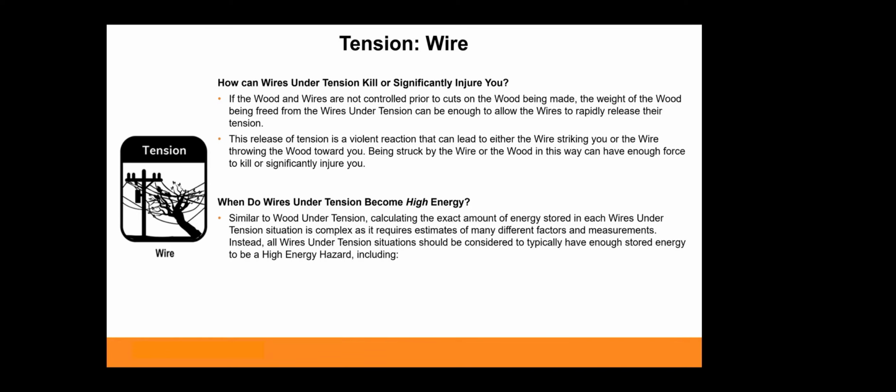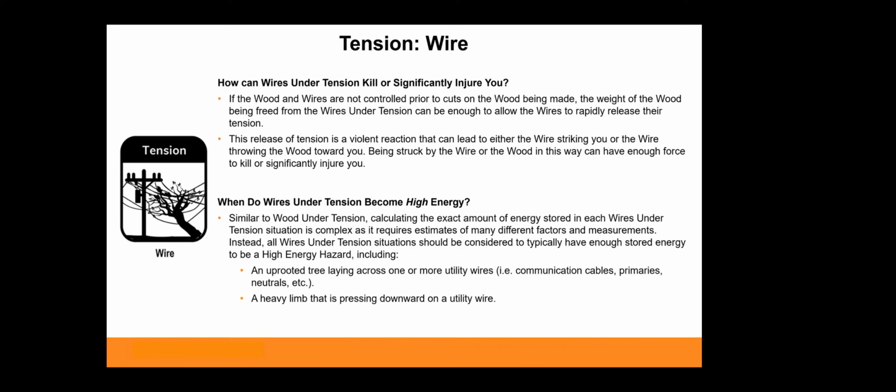Instead, all wires under tension situations should be considered to typically have enough stored energy to be a high energy hazard, including an uprooted tree laying across one or more utility wires, a heavy limb that is pressing downward on a utility wire, or a stem, spar, lead that is either partially or fully broke out from a tree and laying across one or more utility wires.